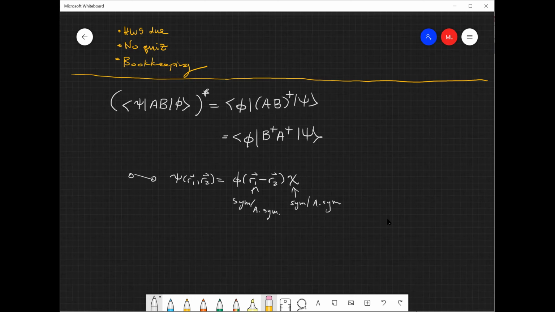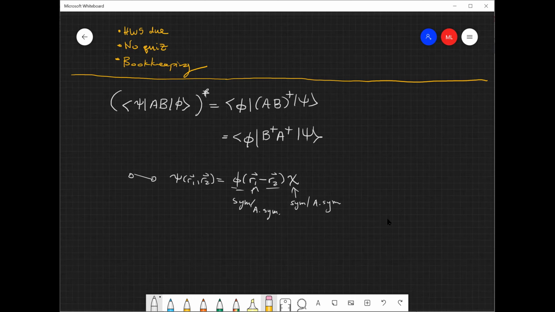And moreover, I was talking about combining the spin with the orbital angular momentum. So I was saying, well, we could expand the spatial wave function in terms of spherical harmonics and do all that. But there's a big assumption about that.